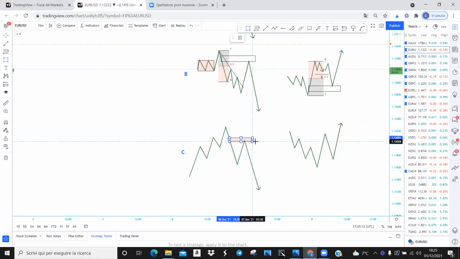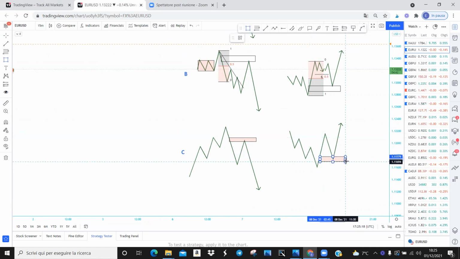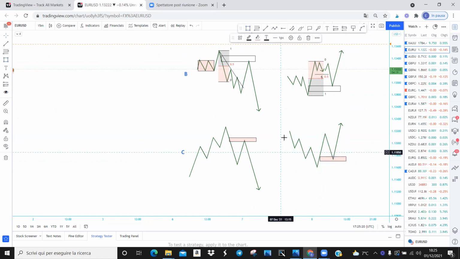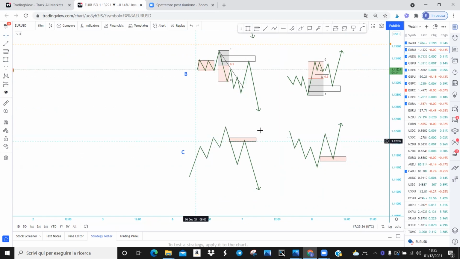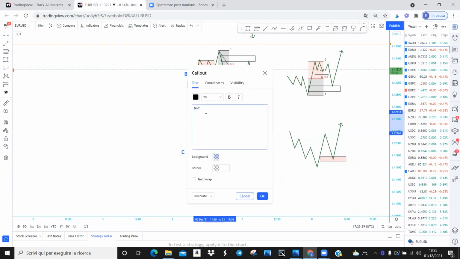And as always, supply, demand, premium, discount, and so on. Now, on this, one note that we should write down is that on this last move before we reverse, I want to see this move be strong.